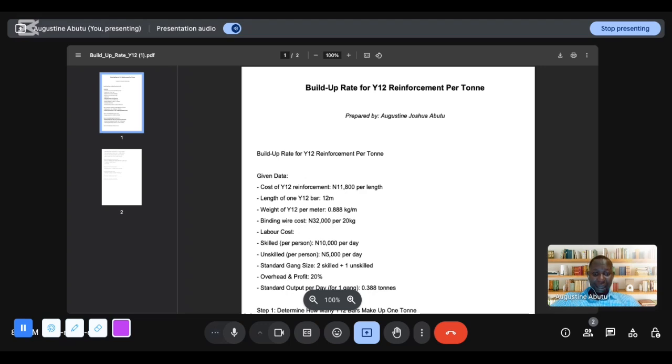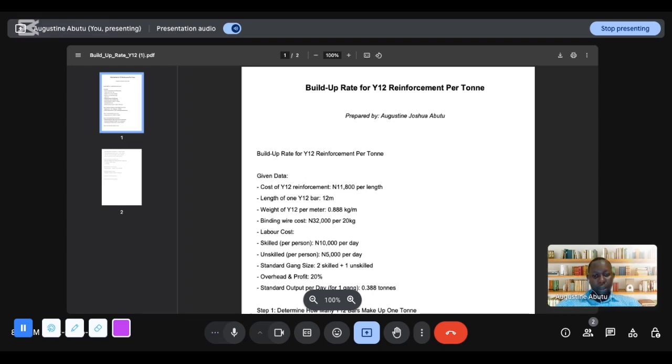But if you want to build up a rate, you have to build it up according to the BSMM, which is per ton. So in Abuja today, the cost of Y12 per length is 11,800. The price might differ in your area, but as at today, the price for one length is 11,800 for Y12.